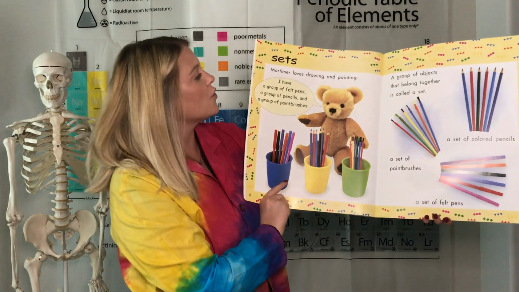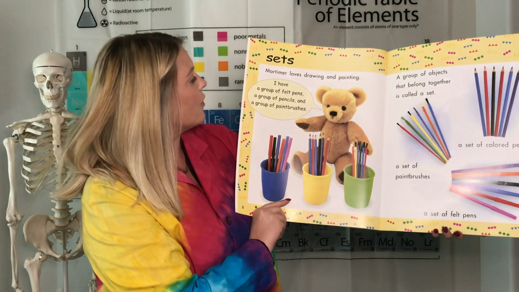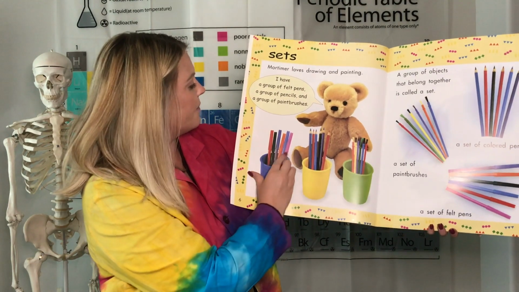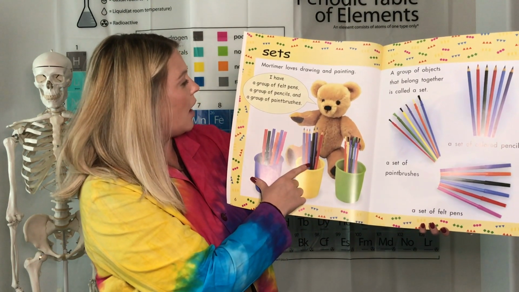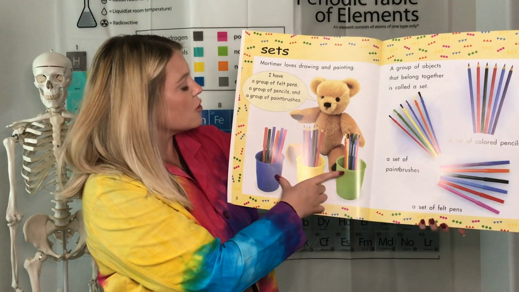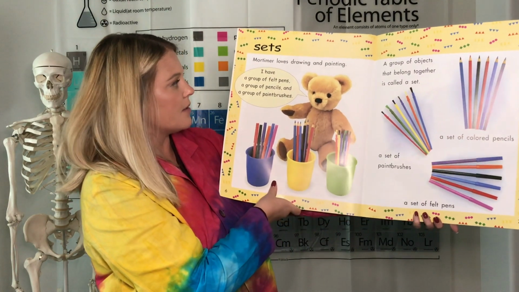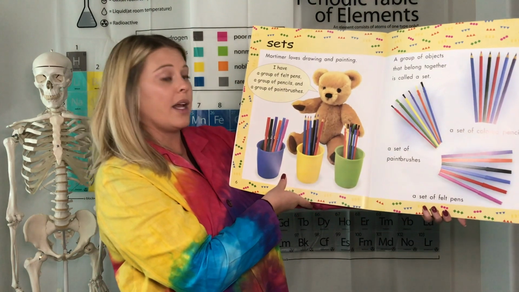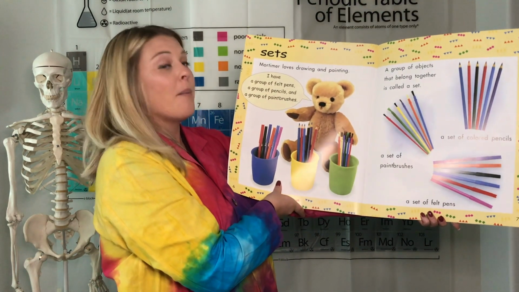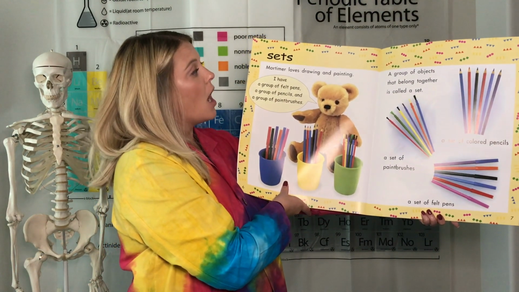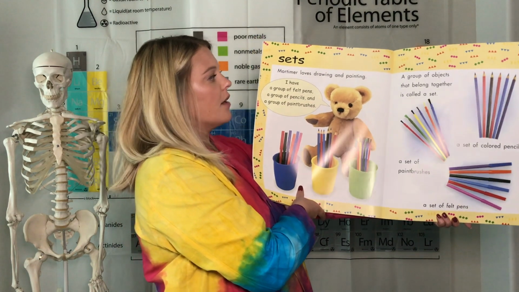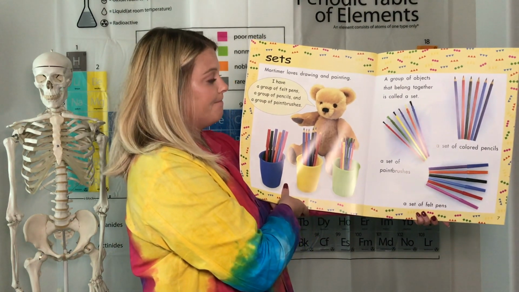Mortimer loves drawing. I have a group of felt pens, a group of pencils, and a group of paintbrushes. So Mortimer's sorting his art supplies by what they are. A group of objects that belong together is called a set.